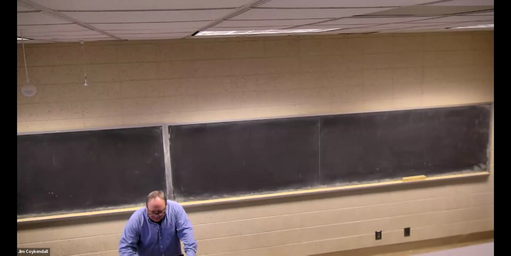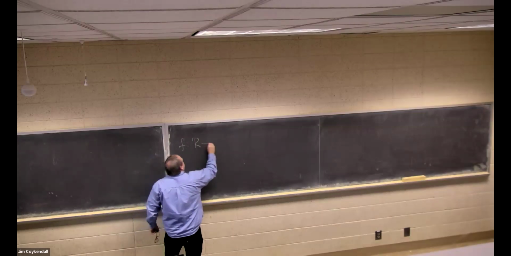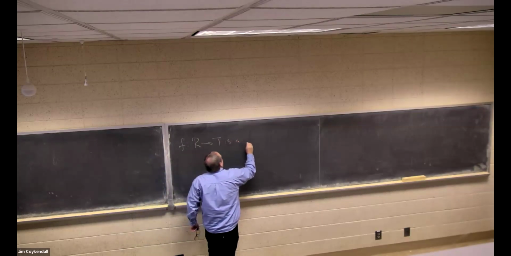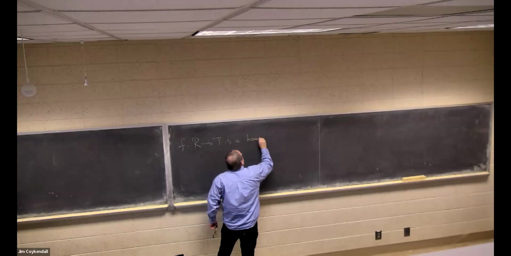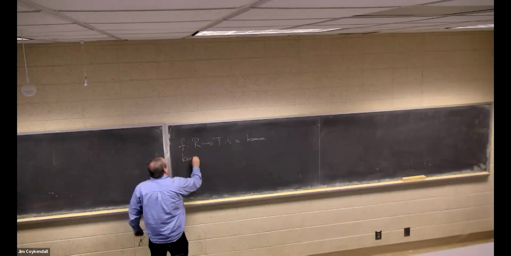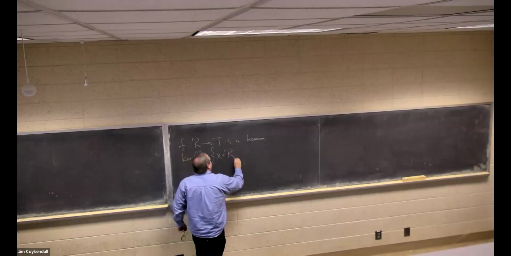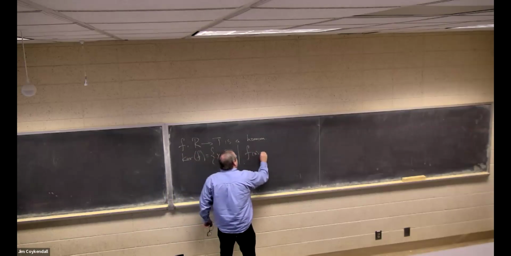And the last thing that I defined for you was the kernel of F. So if F from R to S is a homomorphism of rings, then the kernel of F is the set of everything in R such that F of x is 0.